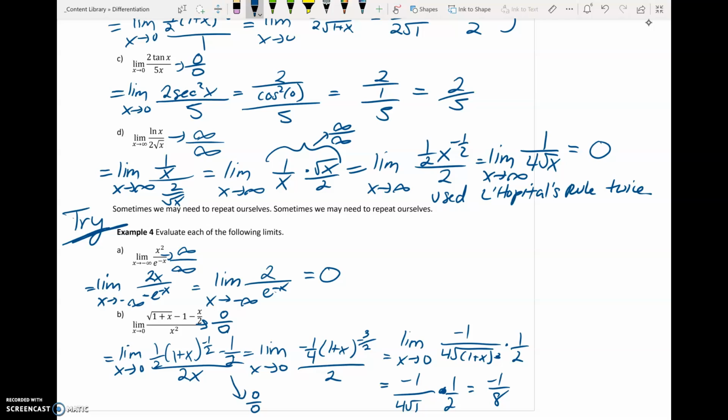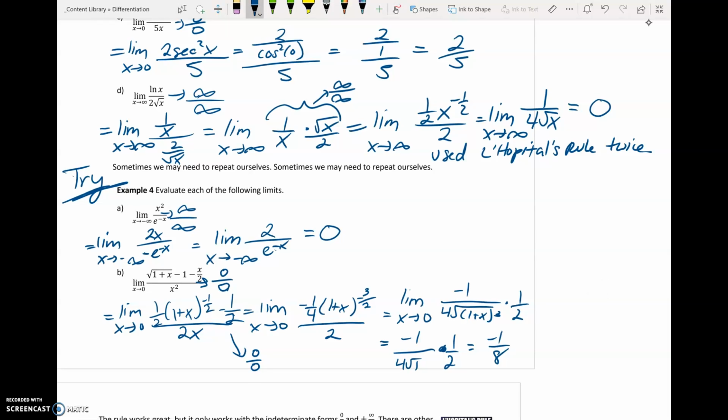So if you look at the second part, when we have 2x over negative e to the negative x, we try to evaluate this. We're still going to get indeterminate form, so we're going to use it again. And then we'll take the derivative of 2x and negative e to the negative x. We get 2 over e to the negative x, and try to evaluate that. That's 2 over a large number, and that's 0.